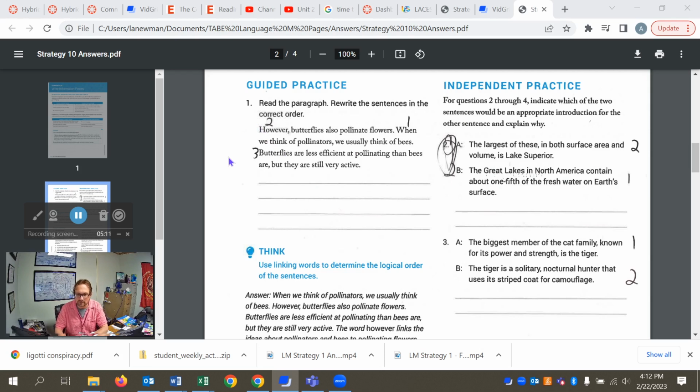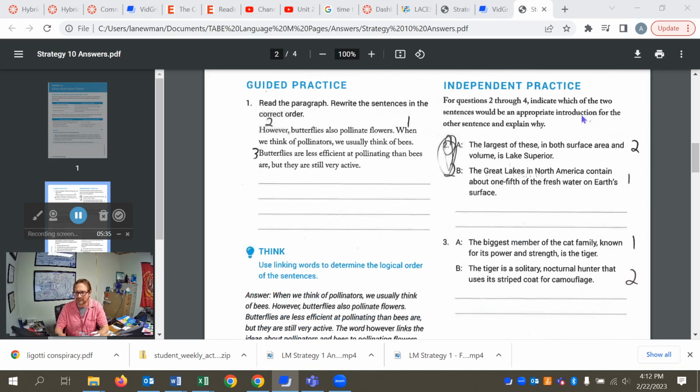Butterflies are less efficient at pollinating than bees are, but they are still very active. All right, so sentence 1 brings up the concept of pollinators and bees. Sentence 2 tells us that there's another kind of pollinator called a butterfly. And then sentence 3, going off the mention of butterflies, tells us why or how they're pollinators.